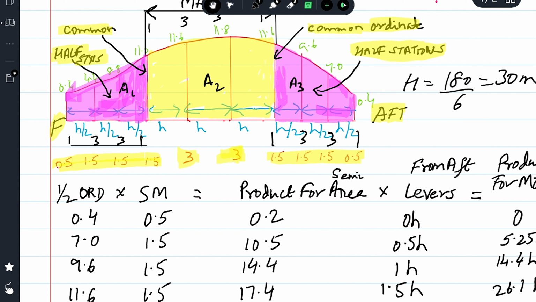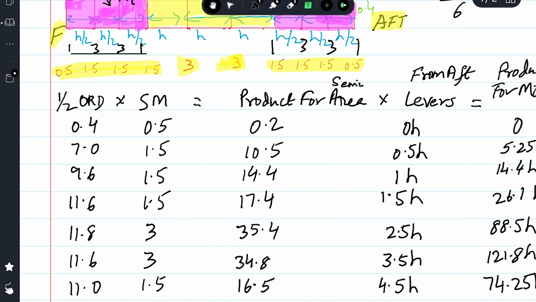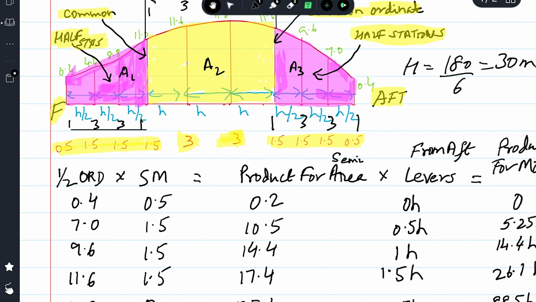Then I come to the common ordinate, which is always 1.5. Then I come to the middle body where there is no change. So 3, 3, this ordinate 11.8 and 11.6 will remain as 3 and 3. Again, now I come to the common ordinate between the forward half station and the main station. Common ordinate is 11.0.